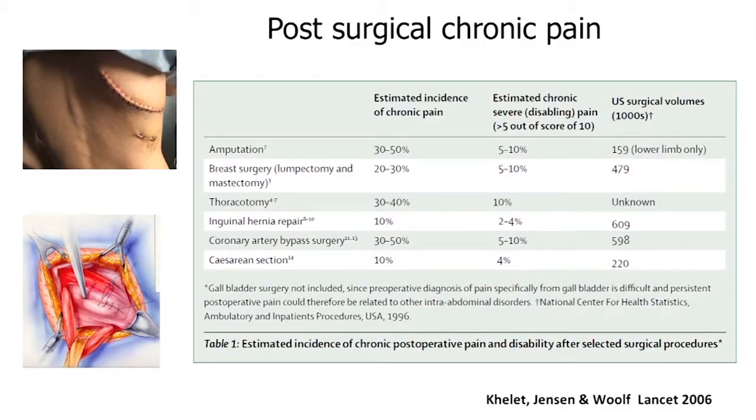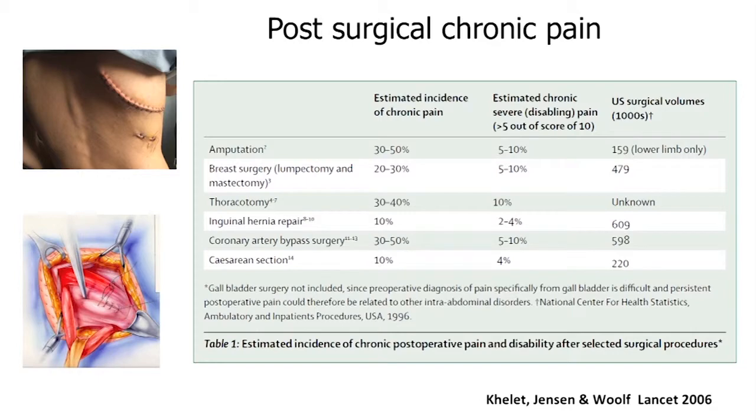One of the major forms of clinical pain syndromes that has recently been recognized is post-surgical chronic pain. Whenever a surgeon damages tissue, particularly if the surgeon damages the nervous system, they put the patient at risk of developing chronic post-surgical pain.